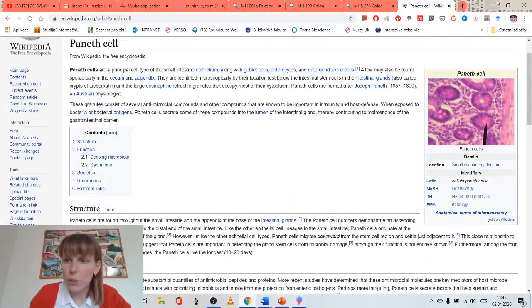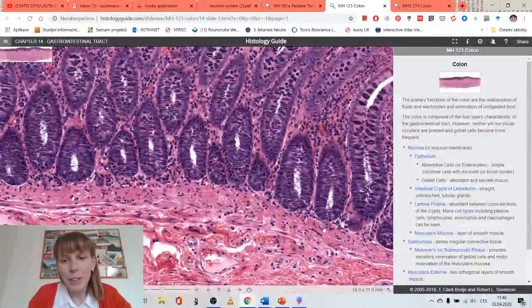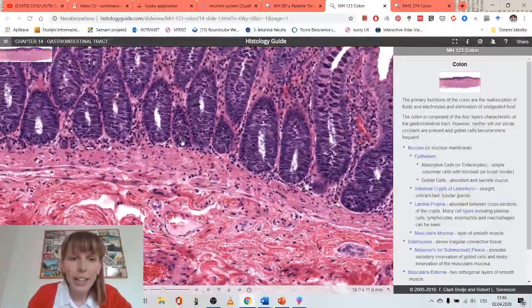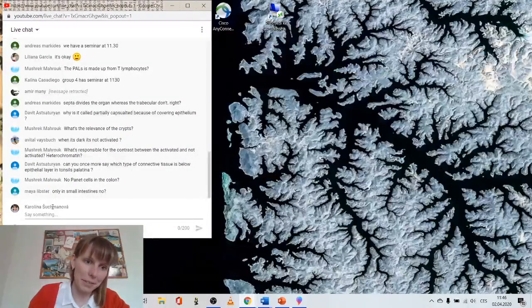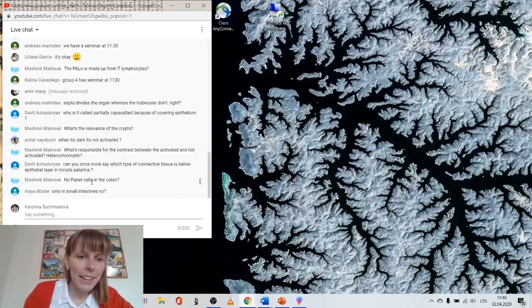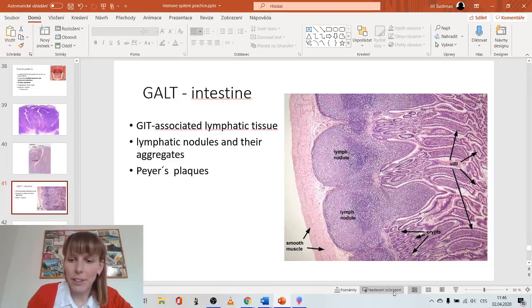So don't believe me. Usually you can believe me, but I'm sorry. So no Paneth cells in the large intestine, only in the small one. Maya is right. I'm not. Sorry about this. And so we are done with the specific immune system.